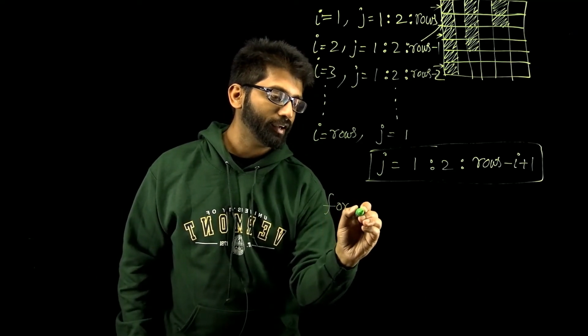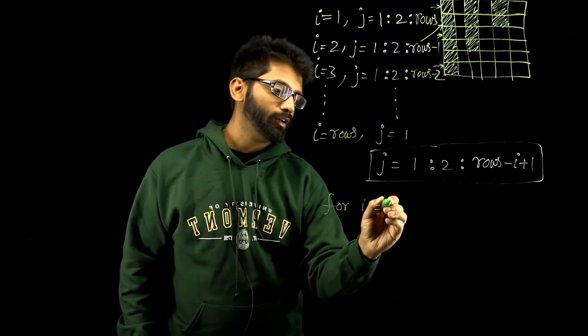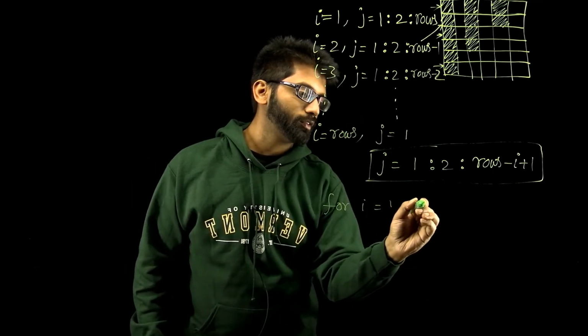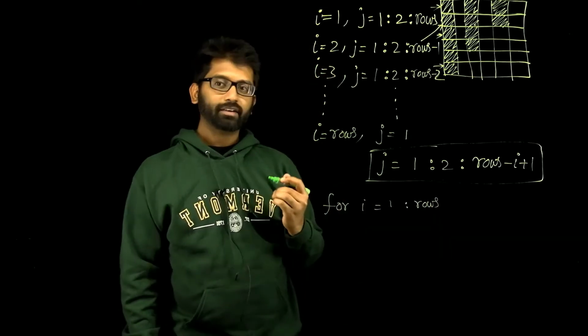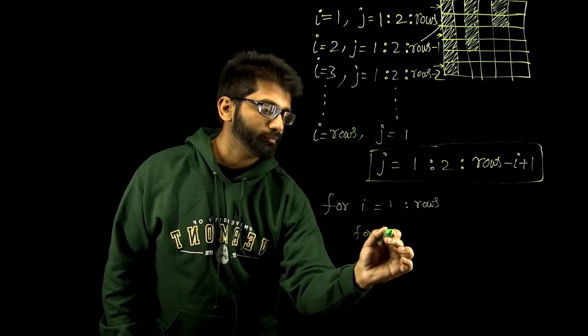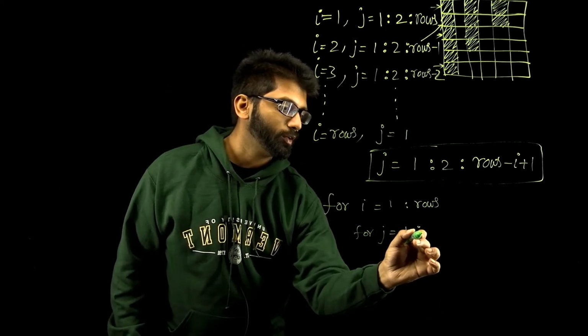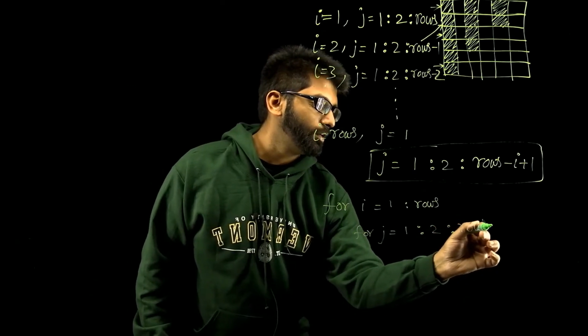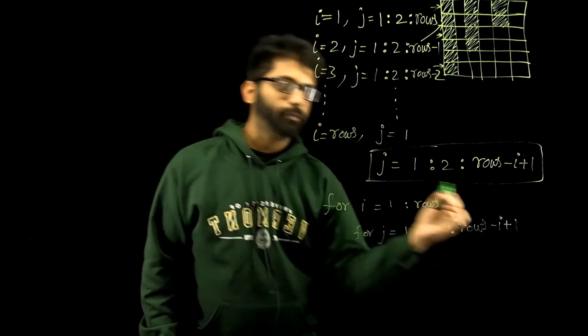I'll write for i equals 1 to rows. For j equals 1 colon 2 colon rows minus i plus 1.